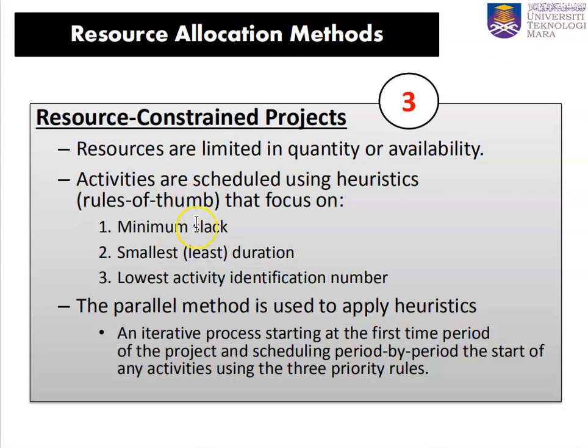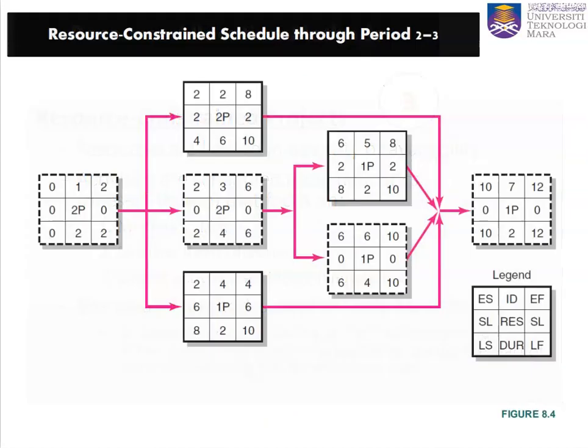Okay, so the parallel method is used to apply heuristic. An iterative process starting at the first time period of the project and scheduling period by period the start of any activity using the 3 priority rules. These are the priority rules that we are going to use. We can look into the example after this.